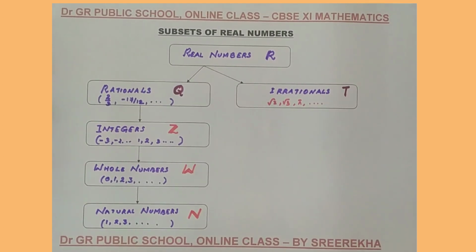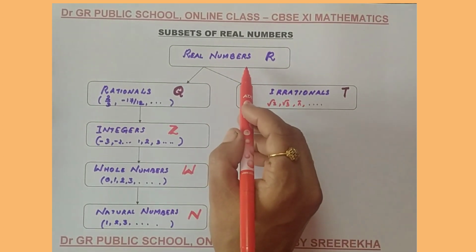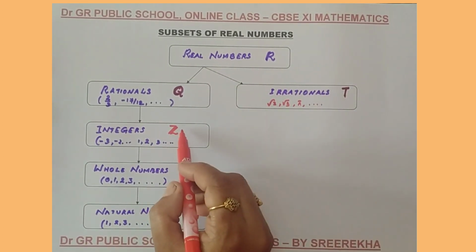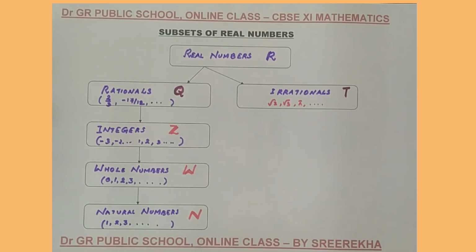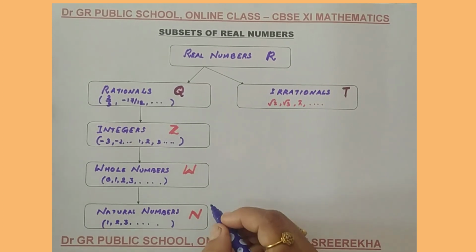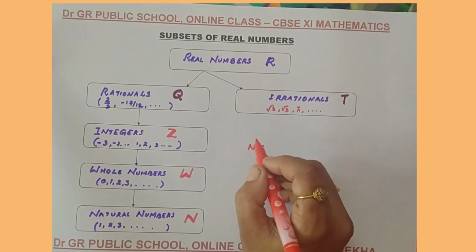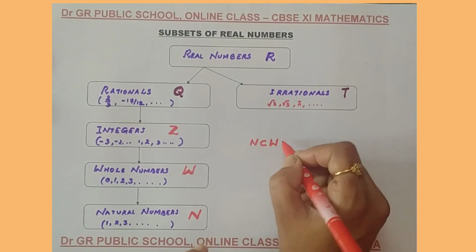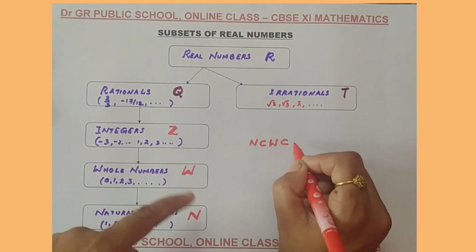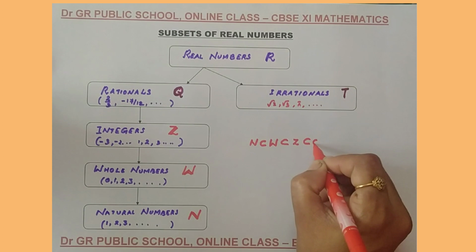So, we can say that Q and T are subsets of the real numbers R, and Z is a subset of Q, W is a subset of Z, and N is a subset of W. From this, we can write like this: N, the set of natural numbers, is a subset of the set of whole numbers W, and W is a subset of the set of integers Z, and Z is a subset of the set of rationals.